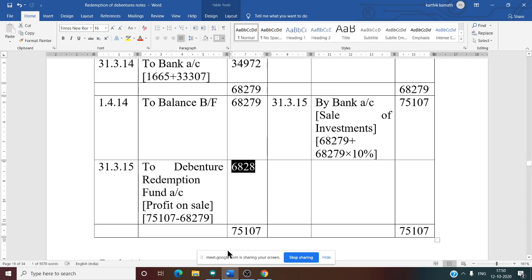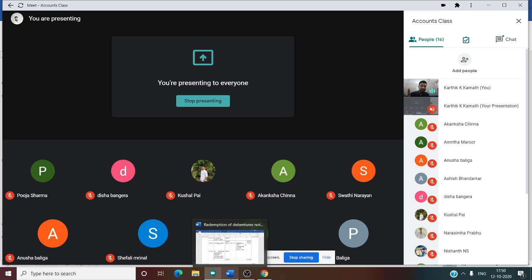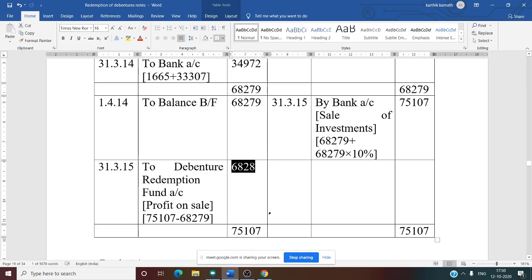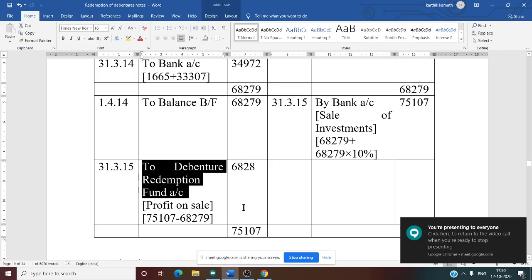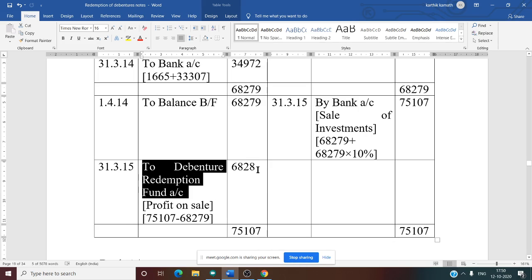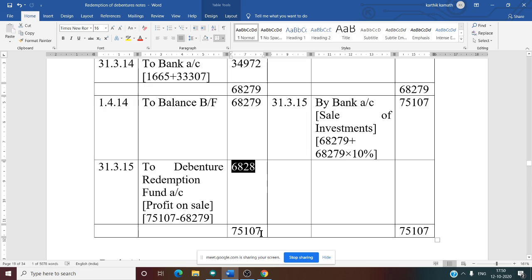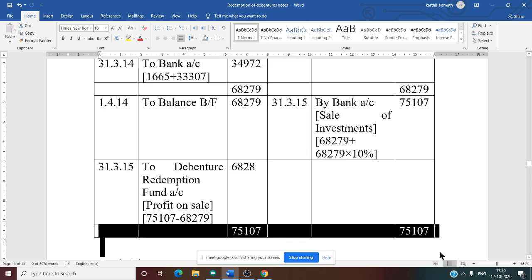So whether there is a profit or a loss, it is transferred to the second account. What is the second account? DRF account, debenture redemption fund account. So transferred there. That is why we have written to debenture redemption fund account, profit on sale 6,828.